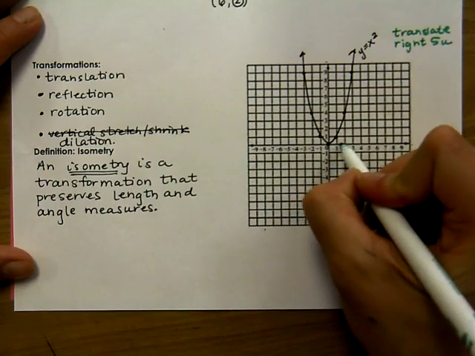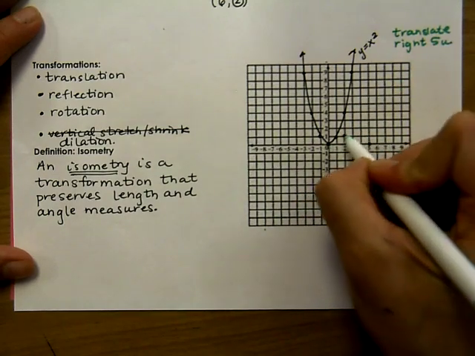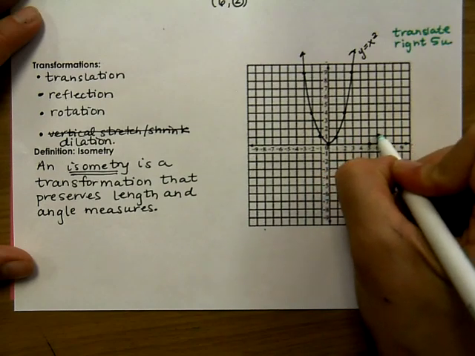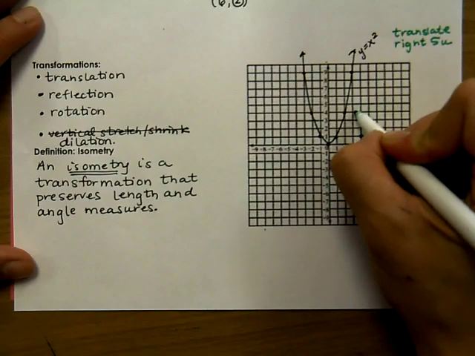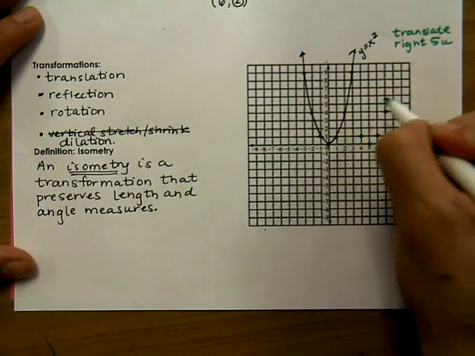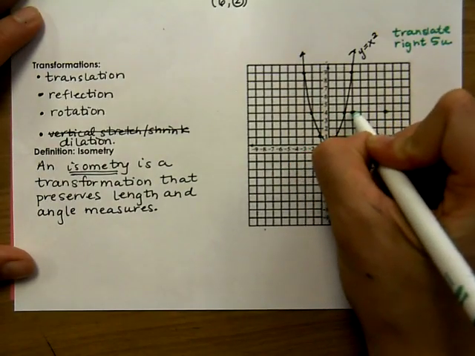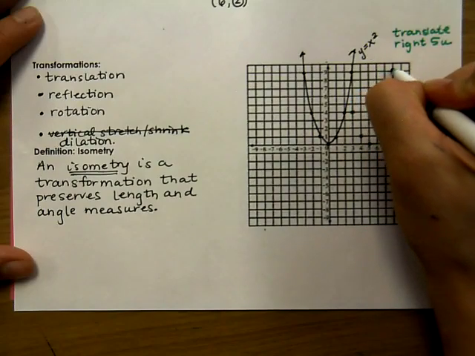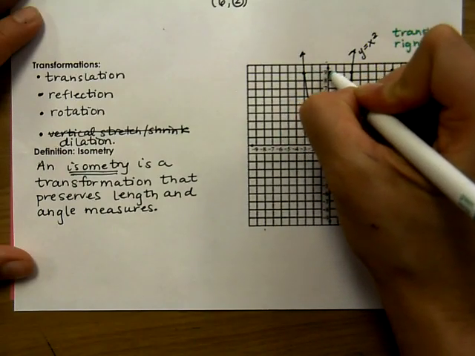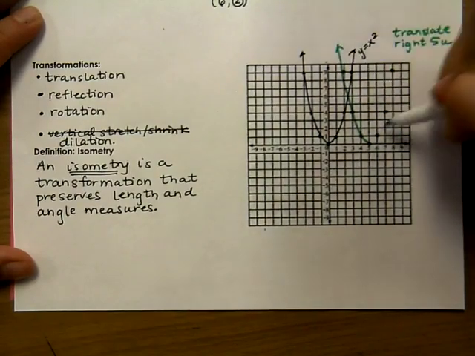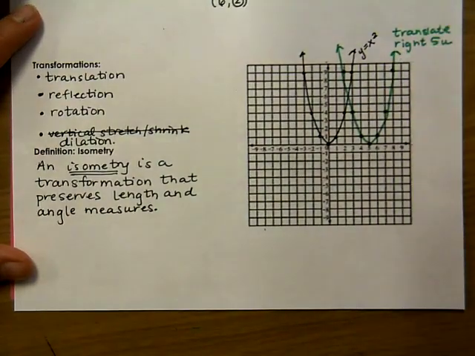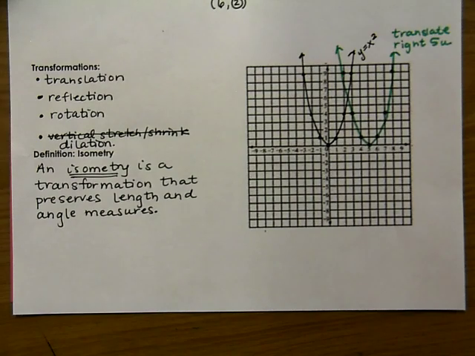So I take the vertex 1, 2, 3, 4, 5. 1, 2, 3, 4, 5. 1, 2, 3, 4, 5. And if I keep doing this, I will see 1, 2, 3. I can connect these points again, and here's my graph translated 5 units to the right.